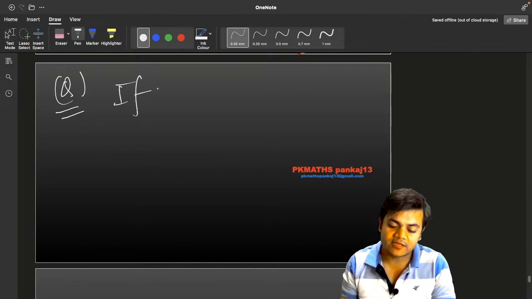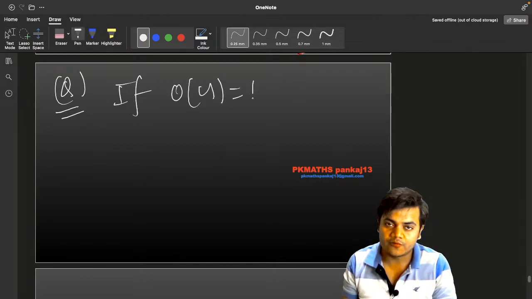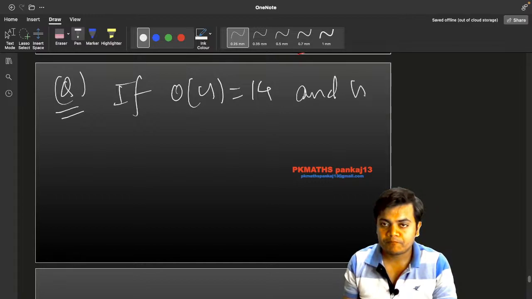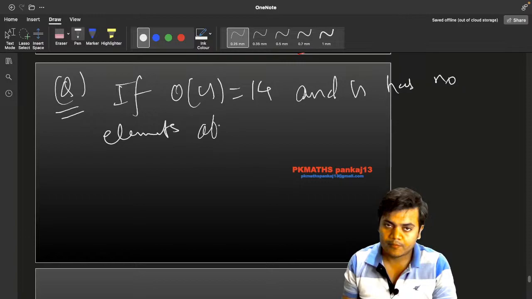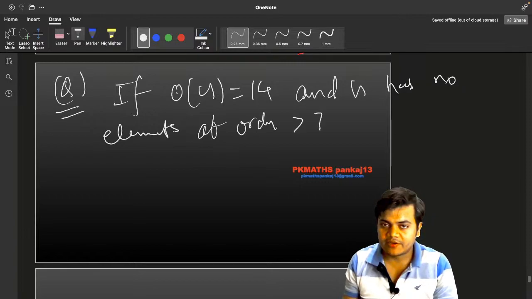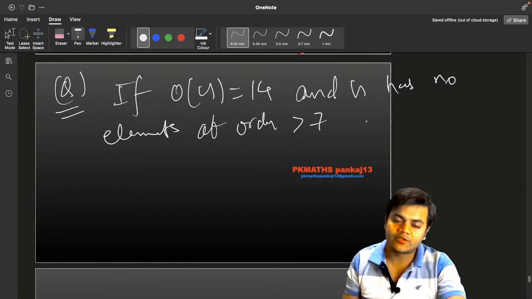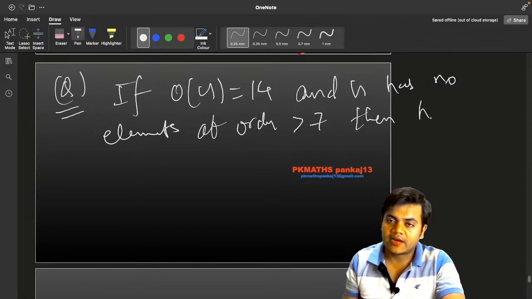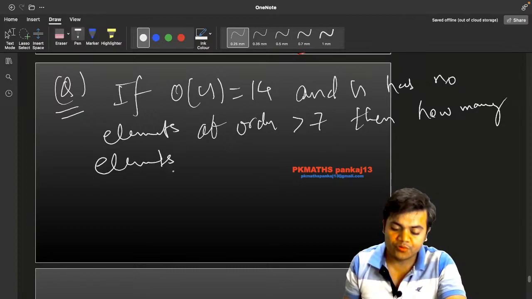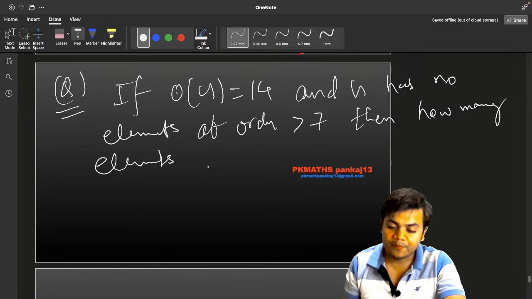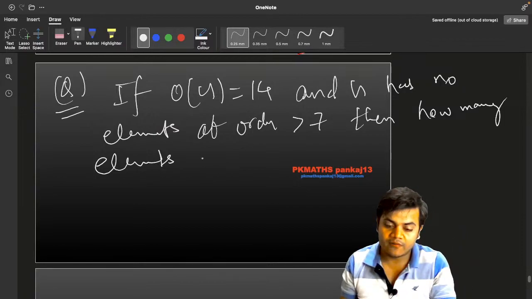The question was given as: if the order of G is equal to 14 and G has no elements of order greater than 7, then how many elements of order 2?